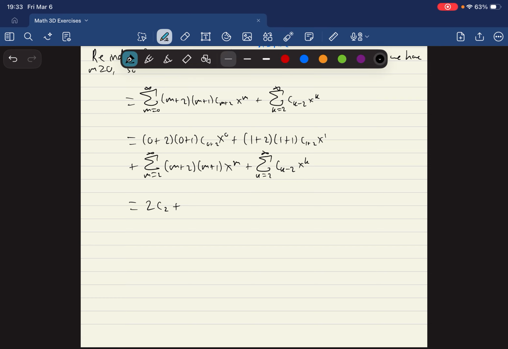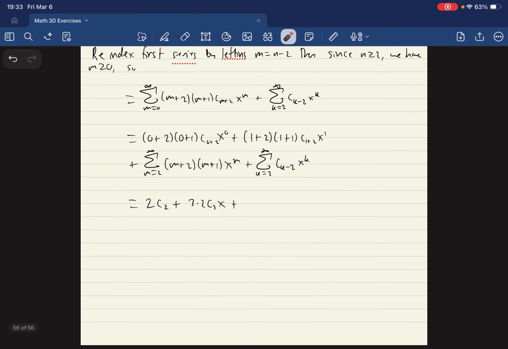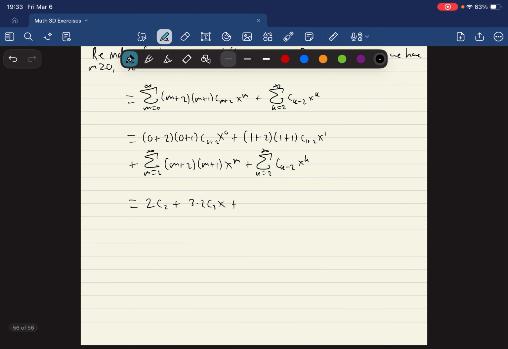And then our other coefficient is 3 times 2 c3 x, plus, and now again, because these are dummy indices, I'll write this in blue, I'm going to change k to m.